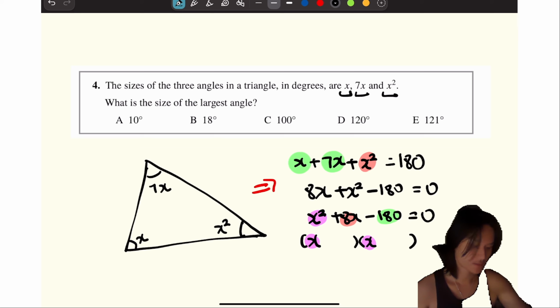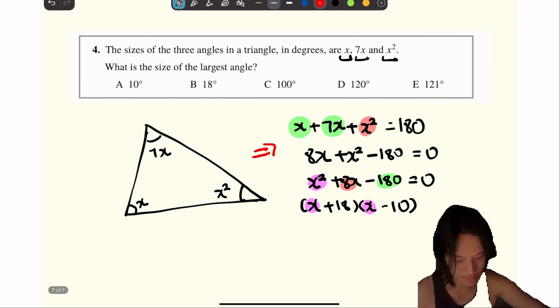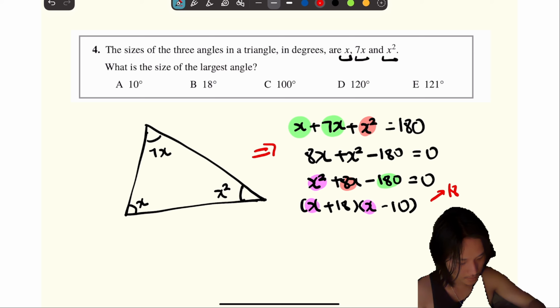Let me see. So the number 18 and the number minus 10. Now we can check here that 18 multiplied by minus 10, that is a minus 180.